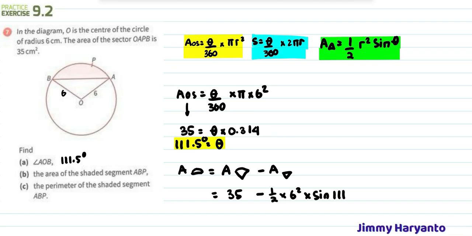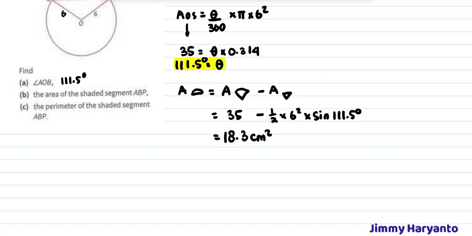The theta is 111.5 degrees. Let me calculate this. And the result is 18.3 centimeters squared. Okay, so this is the area of segment.